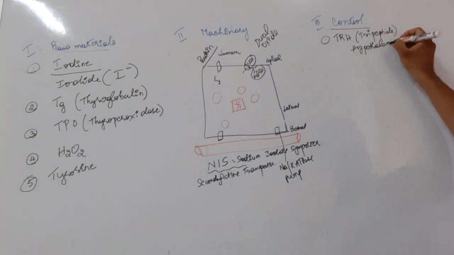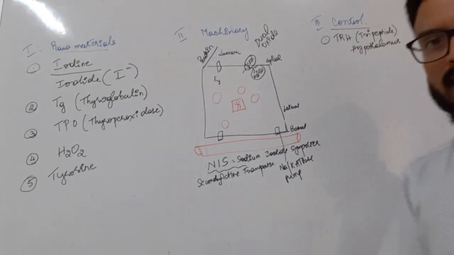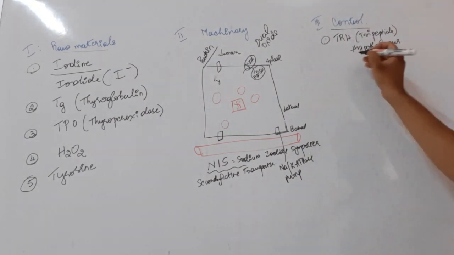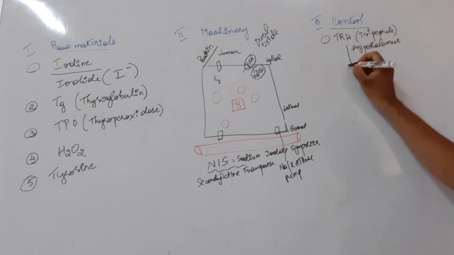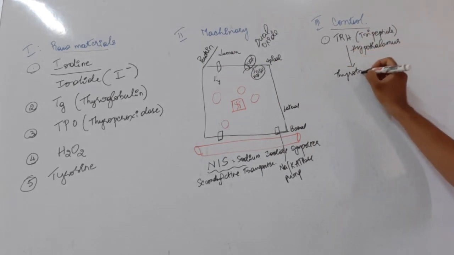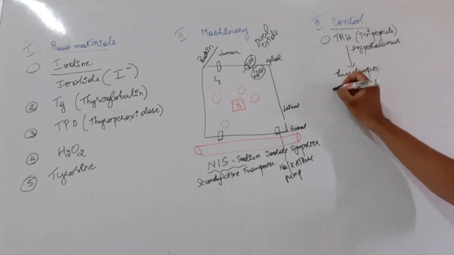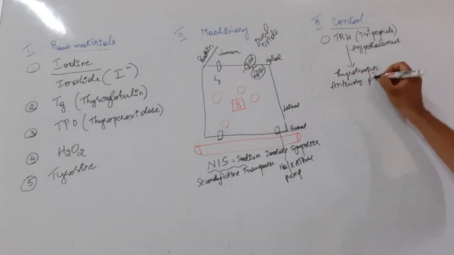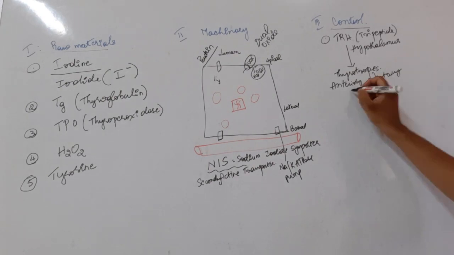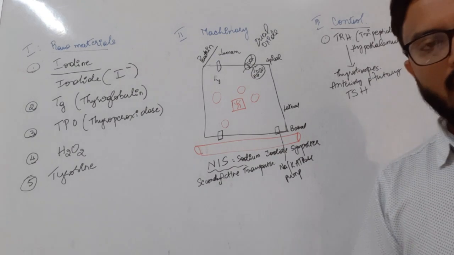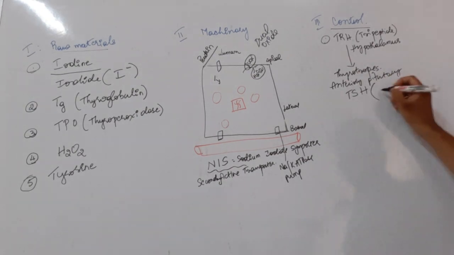The paraventricular nucleus and the median eminence produce the TRH. This will act on the thyrotropes in the anterior pituitary to produce a hormone called thyroid stimulating hormone, or TSH.